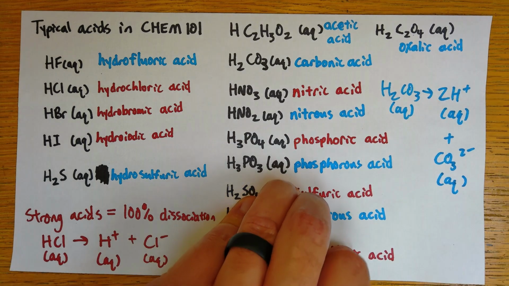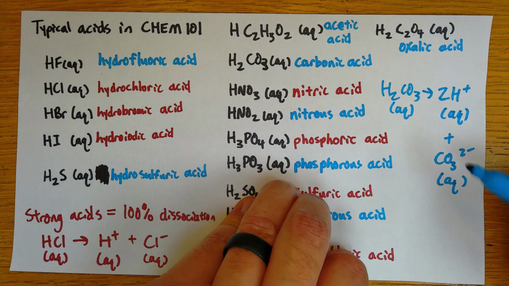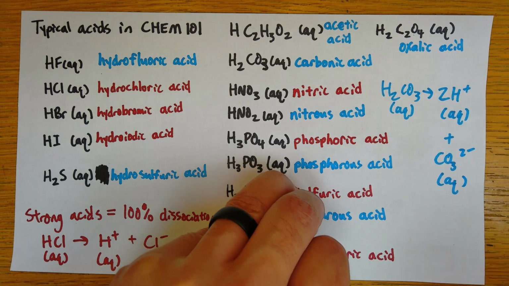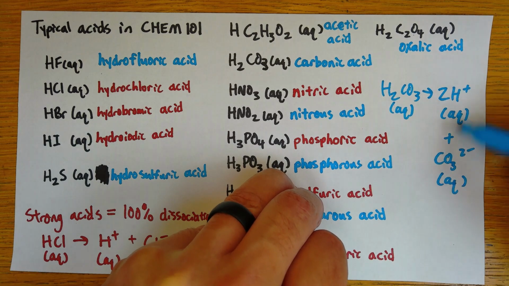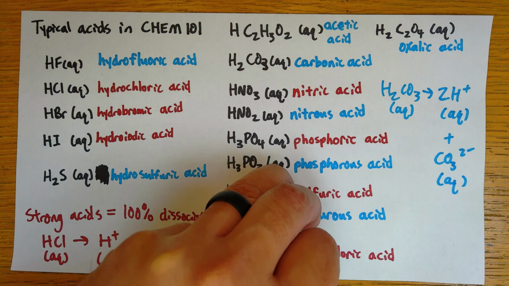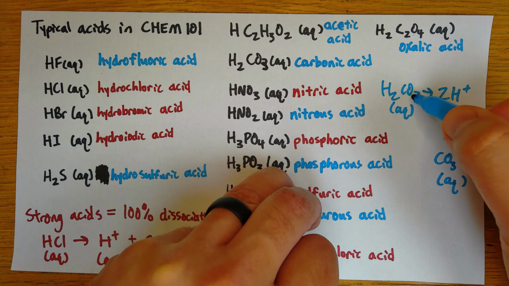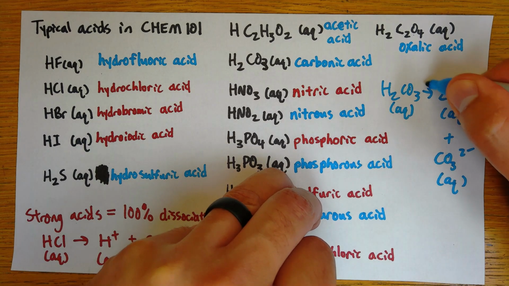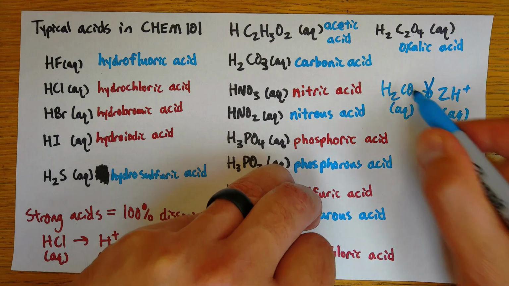But if you were to measure the amount of ionization in solution, like the conductivity, the more ions you have in solution, the more you'll conduct electricity. Something like carbonic acid wouldn't conduct too much electricity, which means this dissociation doesn't really happen too much.